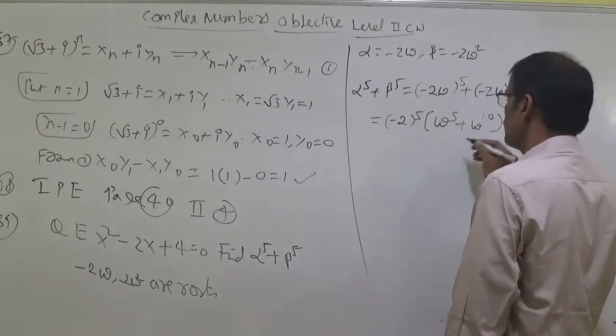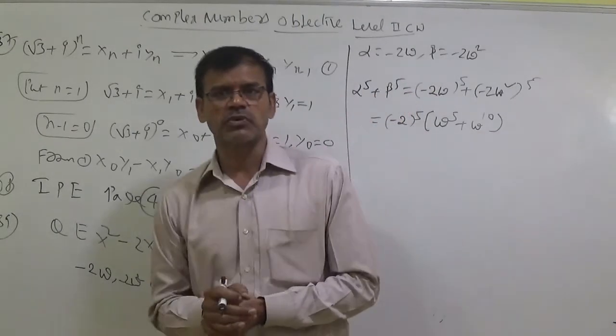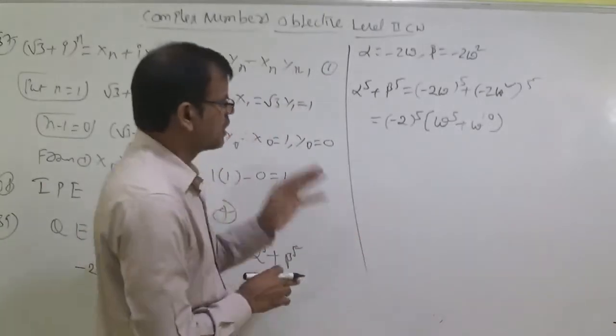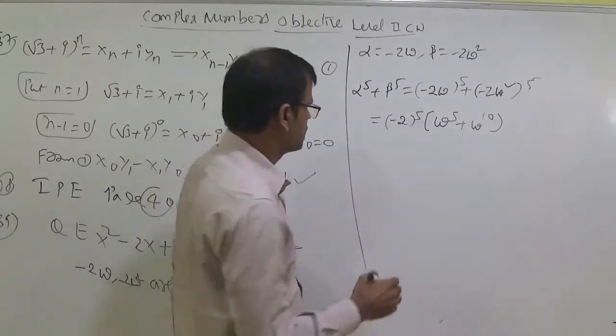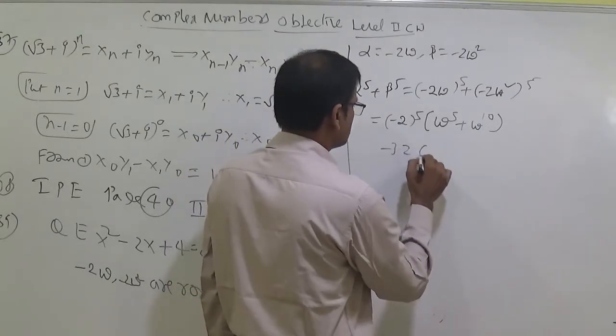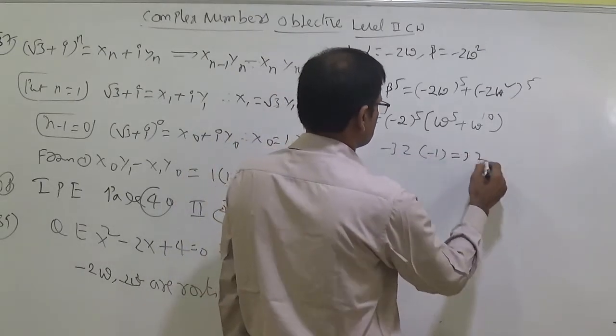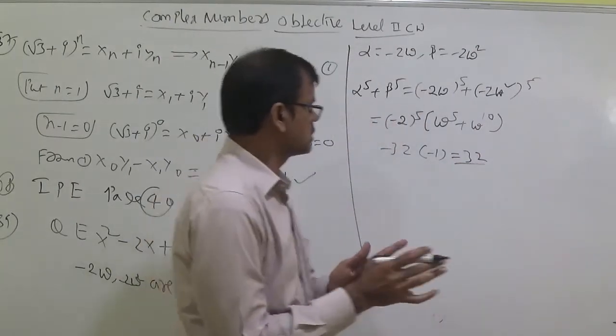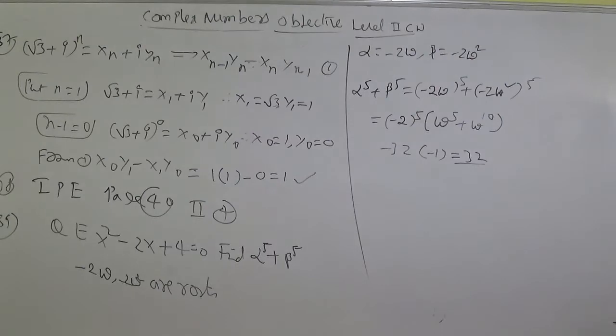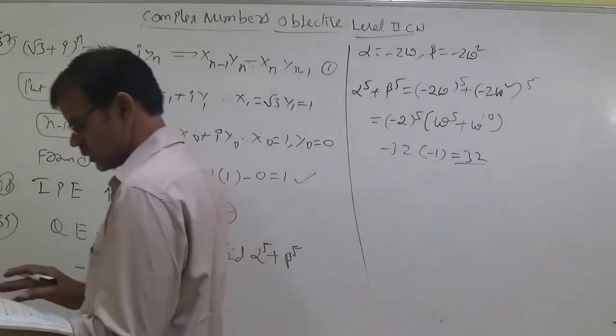Whenever the omega power is not a multiple of 3, you can easily say that omega plus omega square is always minus 1. So this is minus 32 into minus 1. It becomes plus 32. Answer is plus 32. Yes, it is the second option.